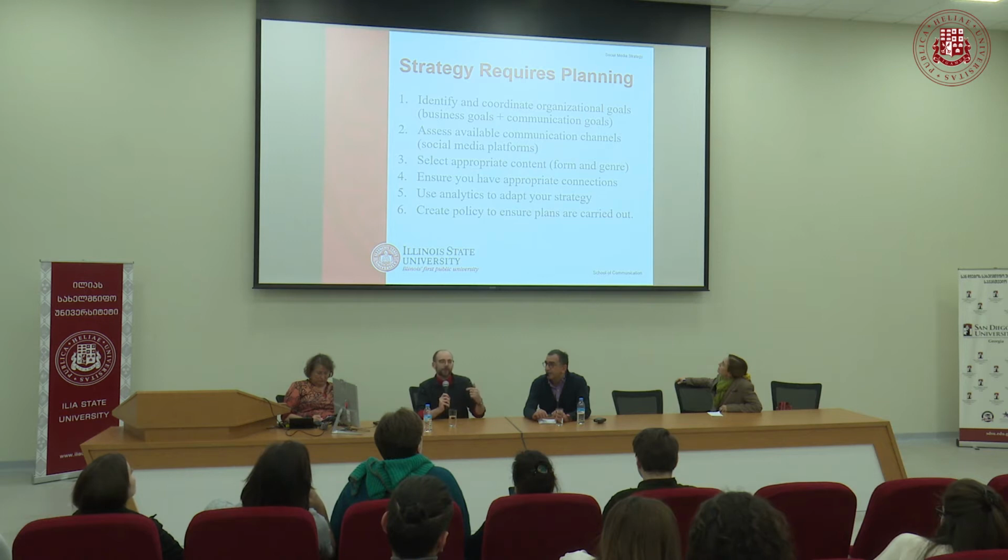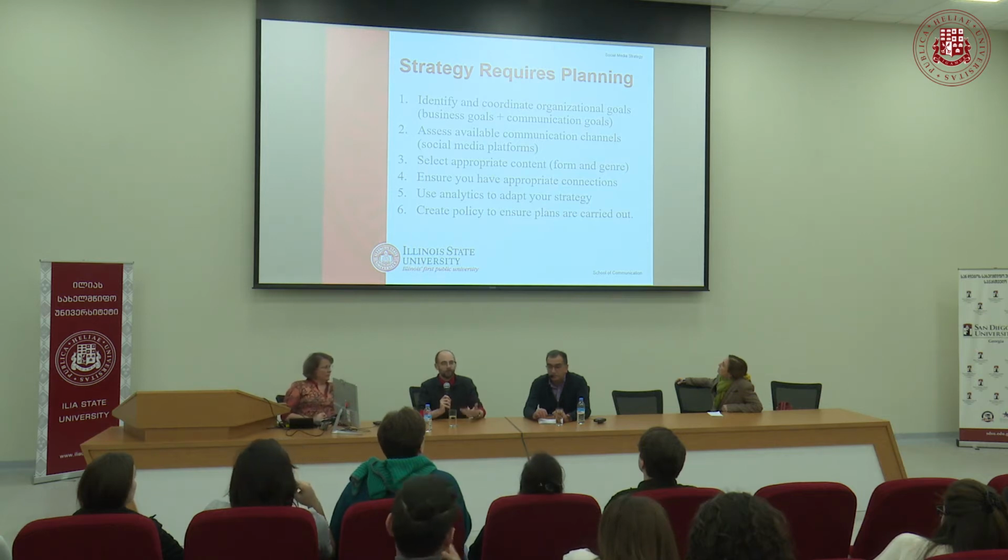So here are the 6 steps, the 6 things you need to be thinking about for an effective social media plan. And as we'll talk about, first and foremost, identifying goals will be extremely important. Many people forget the idea that you need to have goals. So many are focused on the idea that you just need to post and that's it.